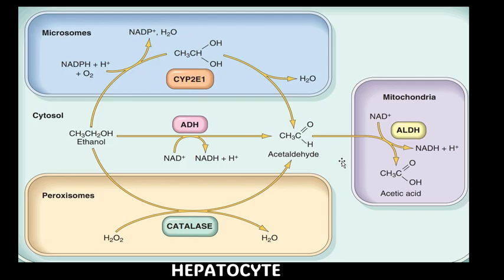But there is another important thing that you need to understand. For the first enzyme system, alcohol dehydrogenase, ethanol is converted into acetaldehyde. In that process, NAD+ undergoes reduction, that is, NAD+ is converted into NADH. One NAD+ is used.